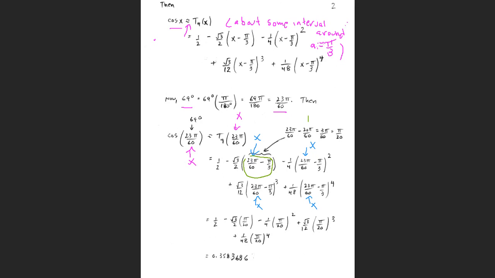Well, pi over 3 is the same as 20 pi over 60, if you multiply the top and bottom by 20. And that allows you to subtract the two fractions here to get 3 pi over 60, or pi over 20.